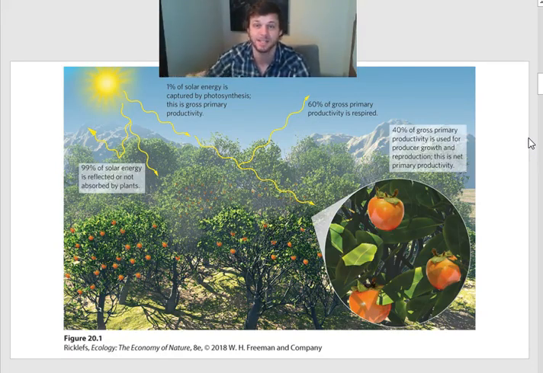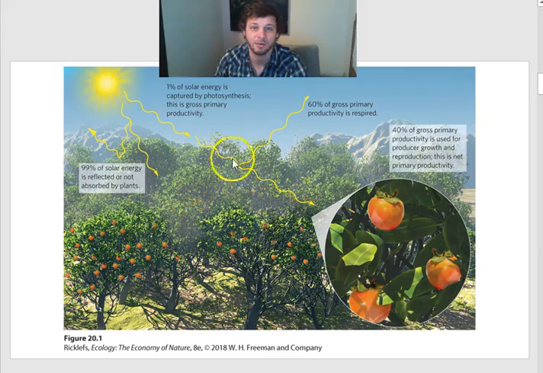Only 40% of that gross primary productivity is used for growth and reproduction. So only 40% of this 1% can be used for other organisms. So we can use 40% of 1% of the sun's energy. That's not a lot. That's really inefficient, right?